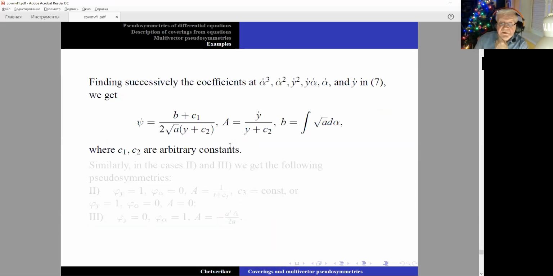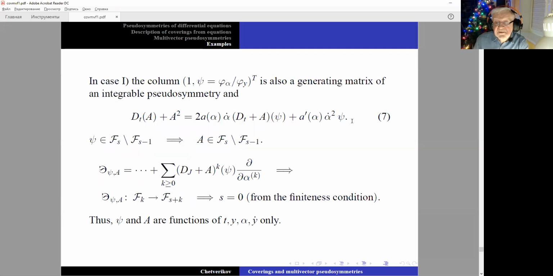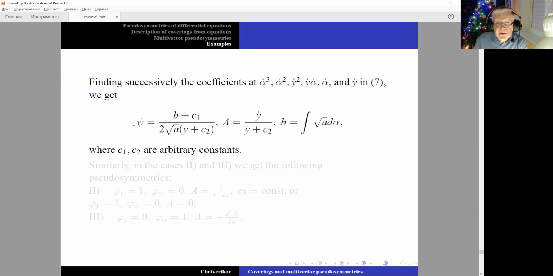Finding the coefficients at these polynomials in the defining equation 7, we get this solution.